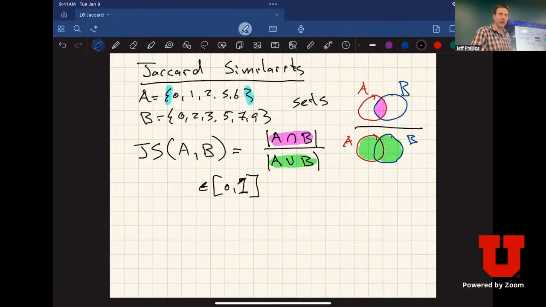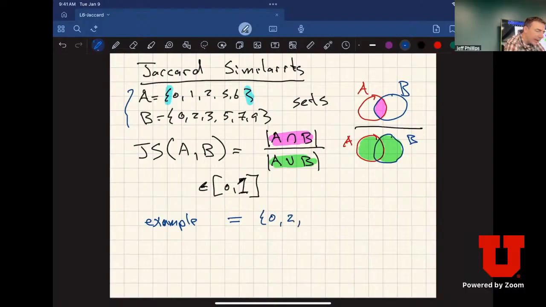So this is kind of like we wanted here. Let's look at the example where we actually look at the numbers. The intersection of the two sets is going to be the elements which are in both sets: 0, 2, and 5, right?